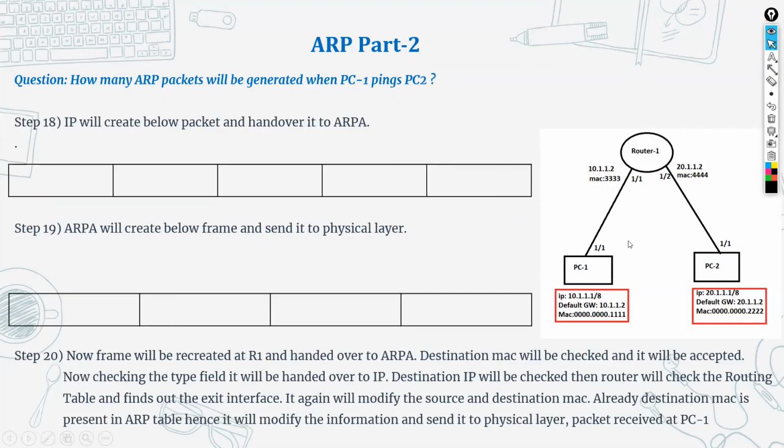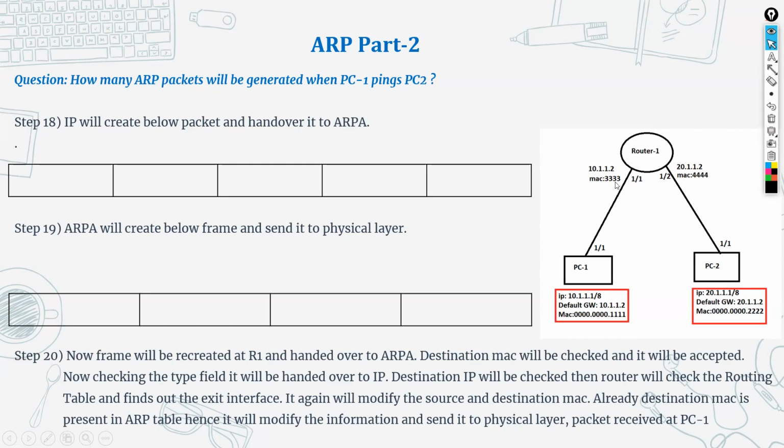So we were discussing that the router is again going to check the destination IP, right? And before sending this information, it will again do the same operation. It is going to change the source MAC and destination MAC. Source MAC was PC2 MAC, destination MAC was 4444.